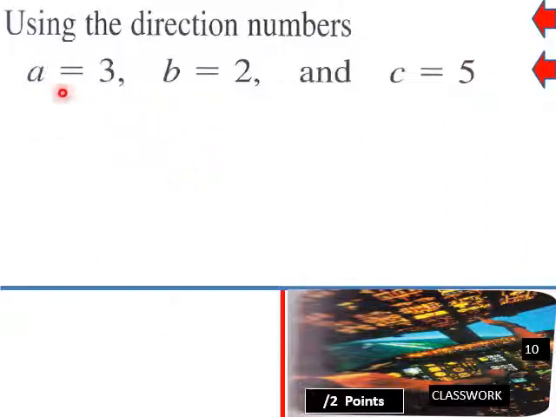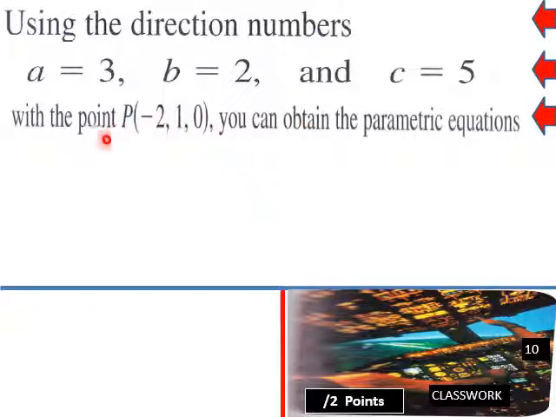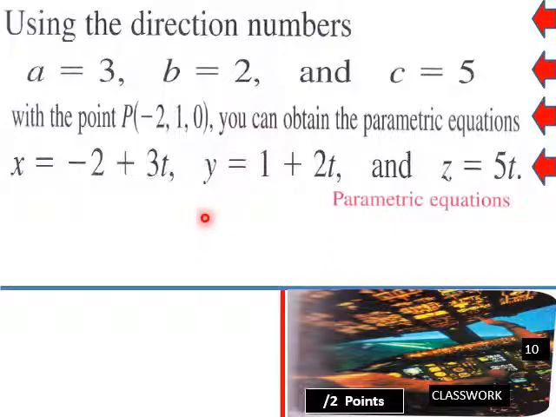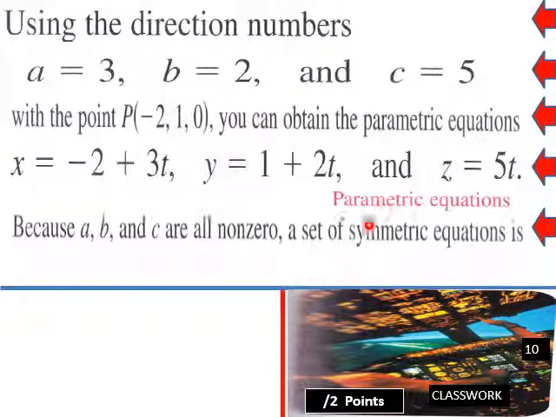Using the direction numbers a equals 3, b equals 2, and c equals 5, with a point P of negative 2, 1, 0, you can obtain the parametric equations: x equals negative 2 plus 3t, y equals 1 plus 2t, and then z would just equal 5t here. Here's our parametrics.